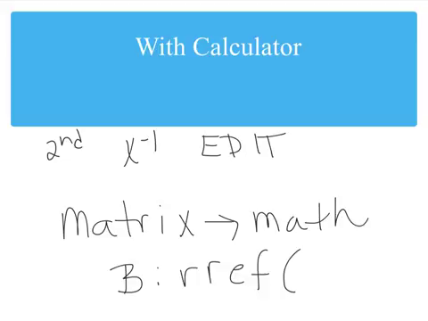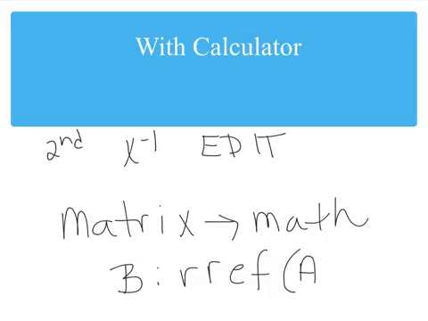In my case, I put mine into matrix A, so I would type an A in. To get that A to come up, you're going to have to go back into matrix. You're going to have to then go into A just by hitting enter, and A is then going to pop up on your screen. Close the parentheses and hit enter.